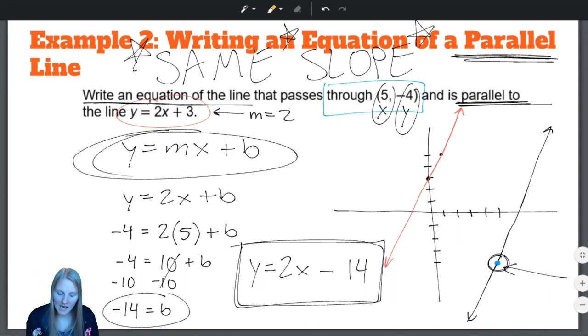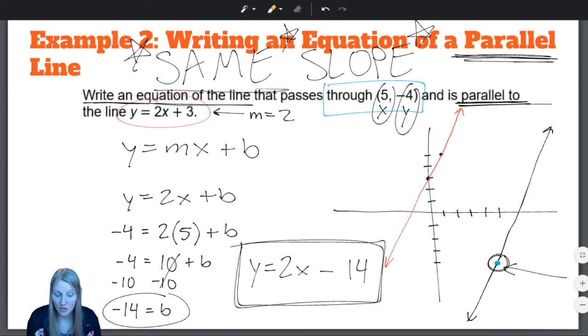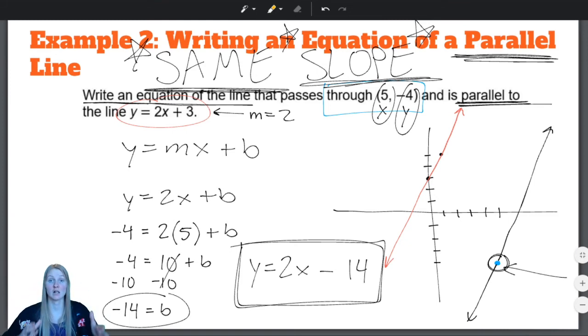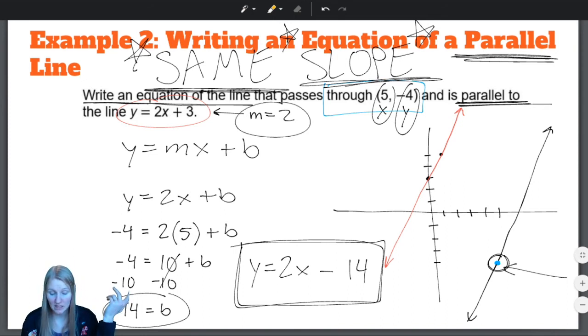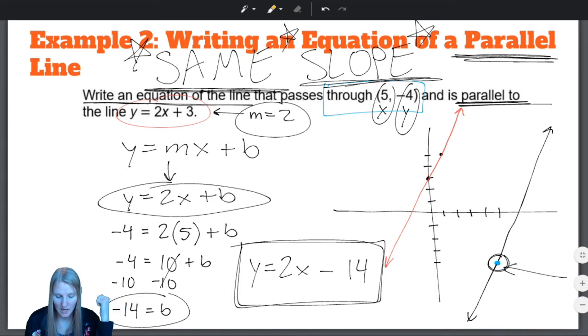But we knew the line should be in this form, and we knew that we need to have the same slope. If we are parallel, we must have the same slope. So I knew that m needs to be 2. We changed m to 2, and then we said, oh great, all we need to do is find b.